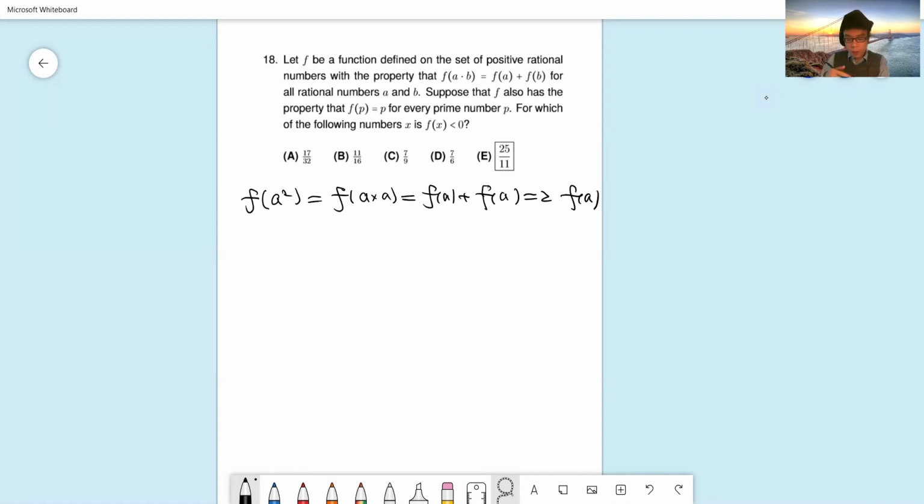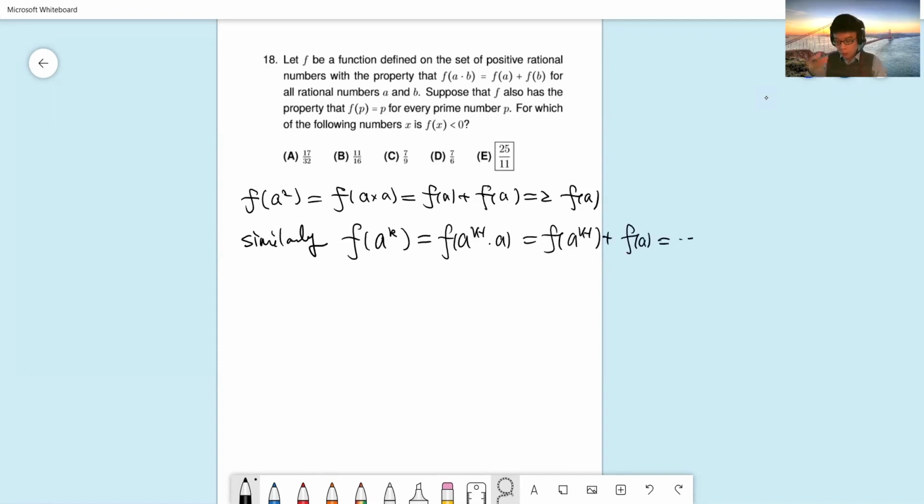So similarly, we can raise the power. f(a to the k's power) becomes f(a^(k-1) times a). This becomes f(a^(k-1)) plus f(a). So each time we can split this power. Finally, we will have this equals k times f(a).